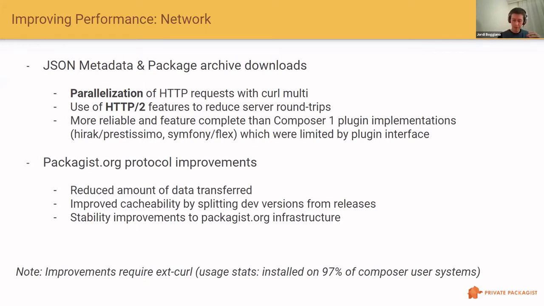So as long as you don't have a new tagged release of a package, the metadata you have in your cache will still be fresh. Only when a new release is actually released will you have to download a new version of that file. Before, you got a new version of the file for every new commit in the repository, because that would update the dev version as well.